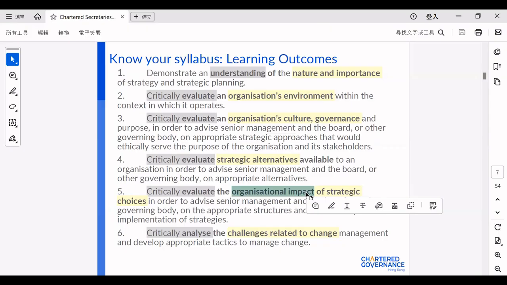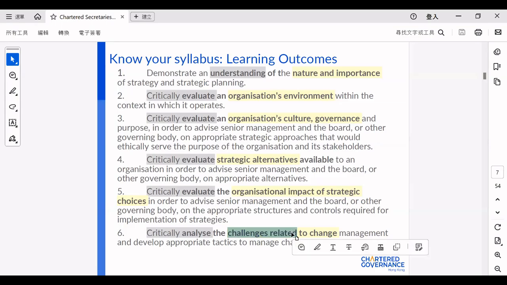The last one will ask for your insightful analysis of change and the barriers related to change that stop you from changing. You have to formulate realistic and strategic solutions.